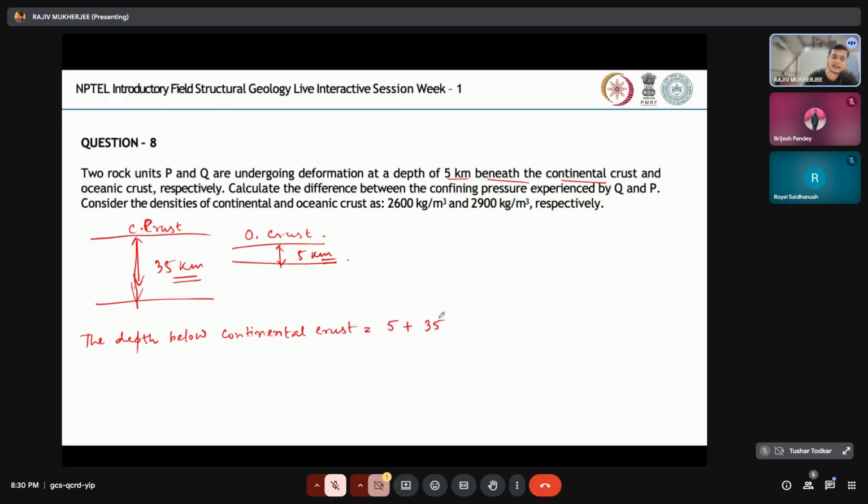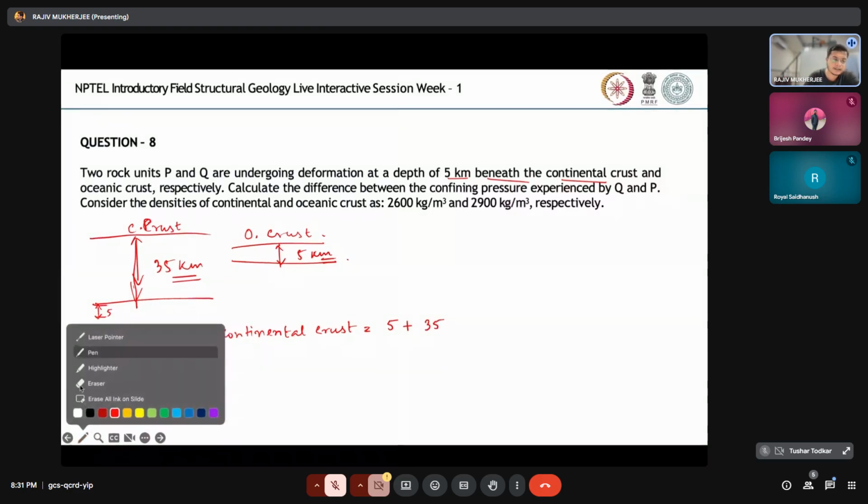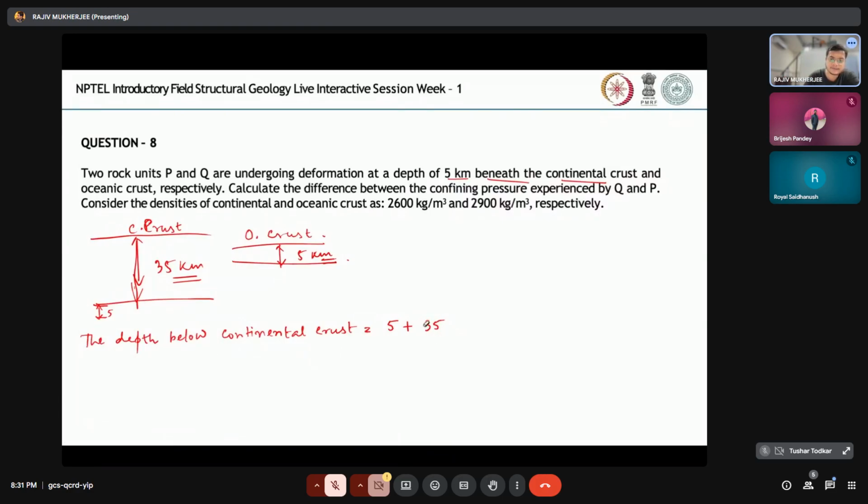Beneath the continental crust means below the continental crust, just at this boundary. No, sorry, 5 kilometers beneath the continental crust. I'm sorry. It will be 5 kilometers in. Beneath the continental crust means from the top surface you are going 5 kilometers.